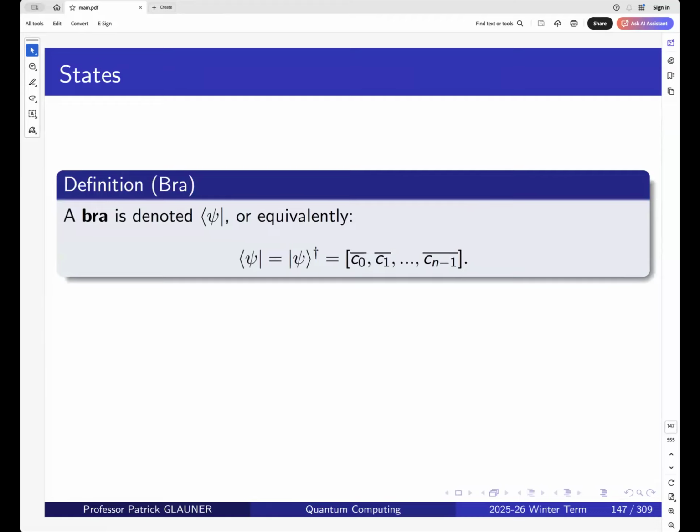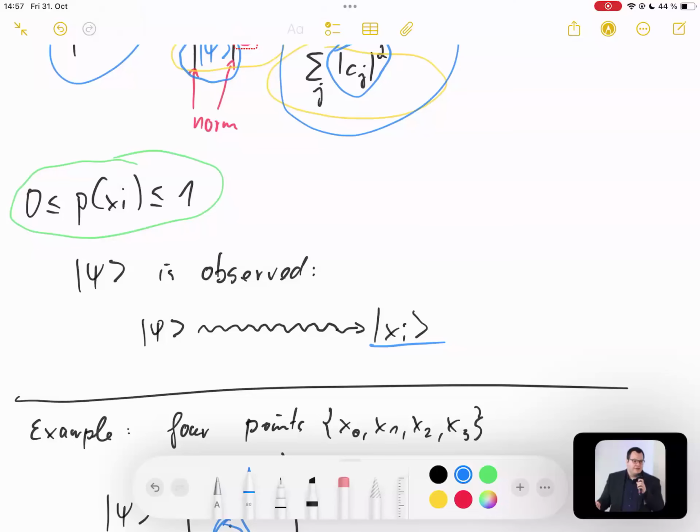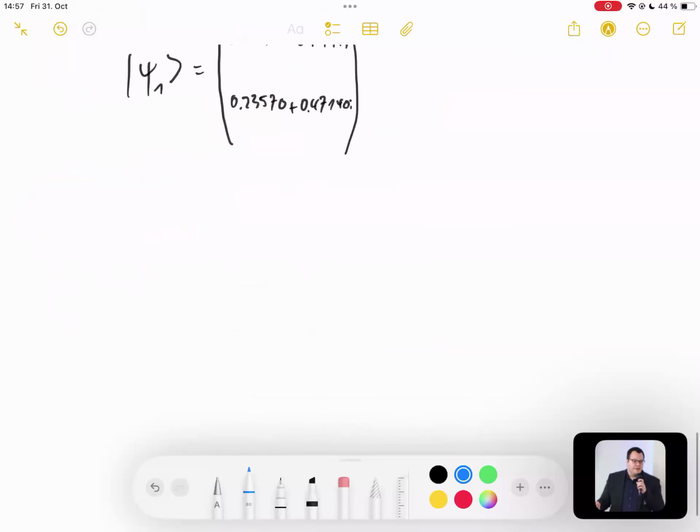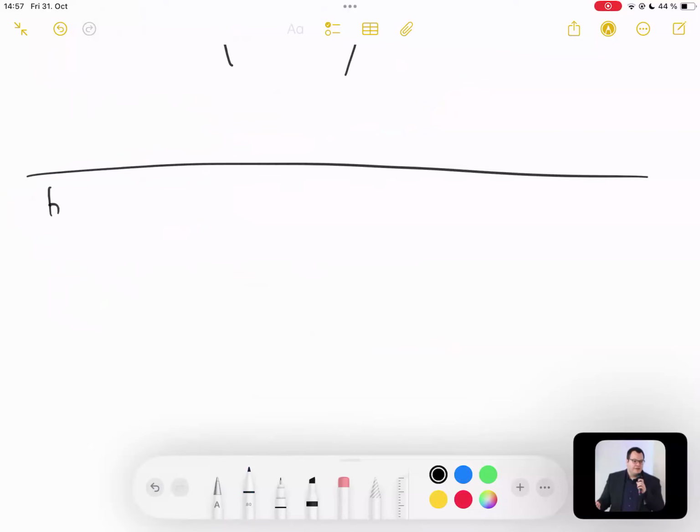Now that we have studied our cats, we will study the second part of the bra-cat notation, which are the so-called bras. So remember, we had our bra-cat notation, so our psi cat.